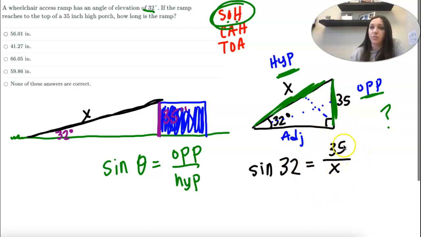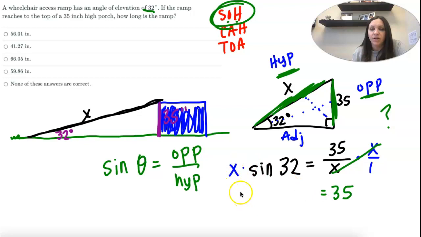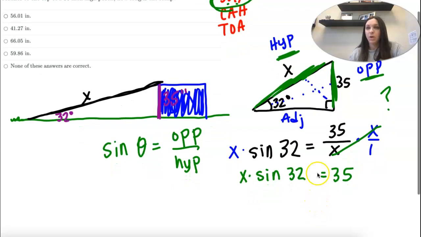So what we just did is we created an equation that we have to solve. We'll go through it this time. How do you get rid of a fraction? Do you remember? Multiply by the denominator. So what that does is these cancel and we get 35. And then over here, I have x times sine of 32. I want to get x by itself, so what's happening to x? It's being multiplied.